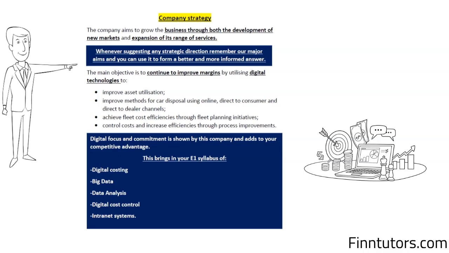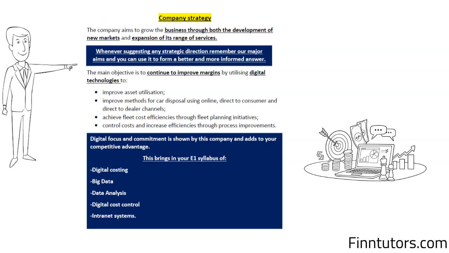So, how are we going to use digital technologies to improve our car utilization, to improve methods of disposing car using online, direct customer, direct dealer channels, finding the best price, achieve fleet cost efficiencies through planning initiatives, and control the costs and increase efficiencies through process improvements, through improvements in your rental process.